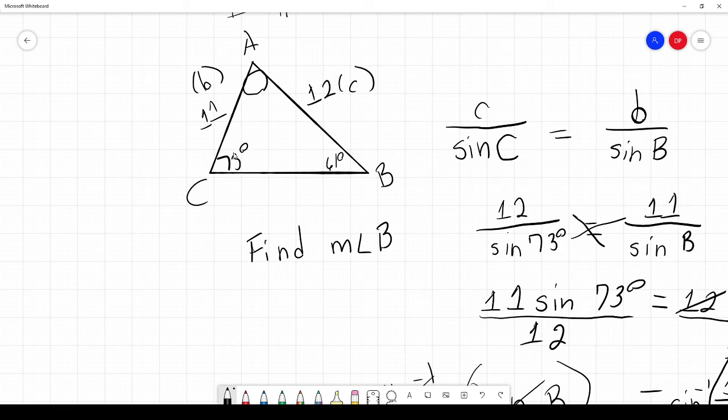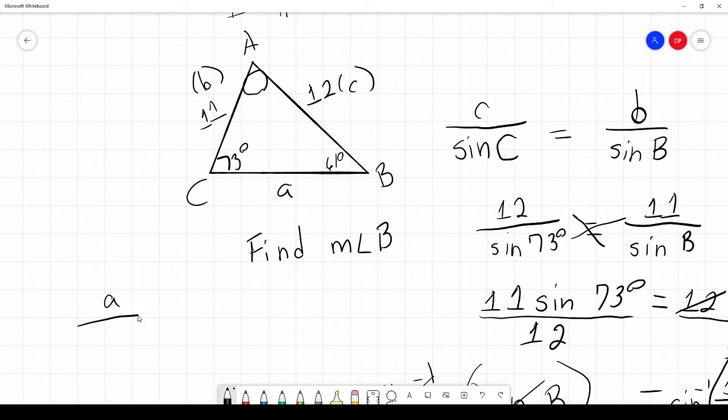So basically you could do 180 minus 73 minus 61, and that would give you angle A. And then once you have angle A, the last thing you would need to find to solve this triangle would be side A, and at that point you could use law of sines again, using either angle C or angle B.